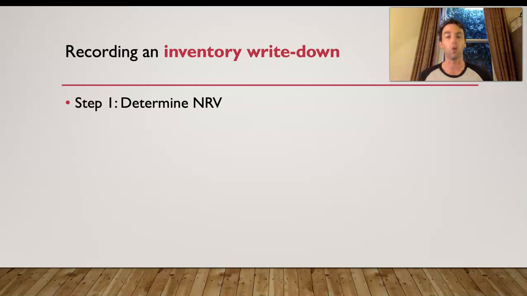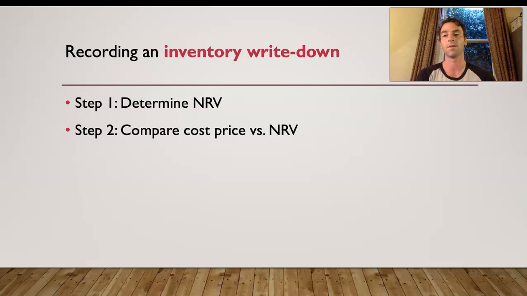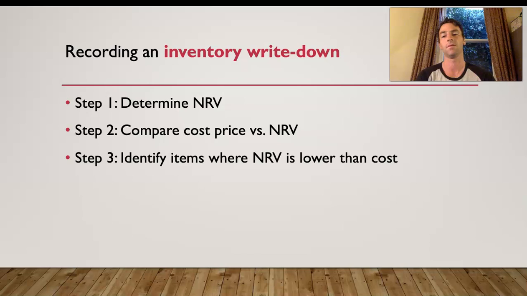This is the process you're always going to do when you're analysing, do I need to do an inventory write-down? The first thing you're going to do is determine the net realisable value of a product: selling price minus the direct selling expenses. You're then going to compare the cost price versus the net realisable value, and identify the items where the net realisable value is lower than cost.